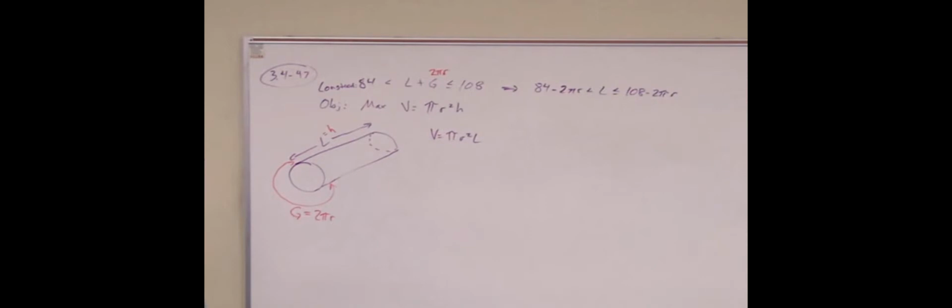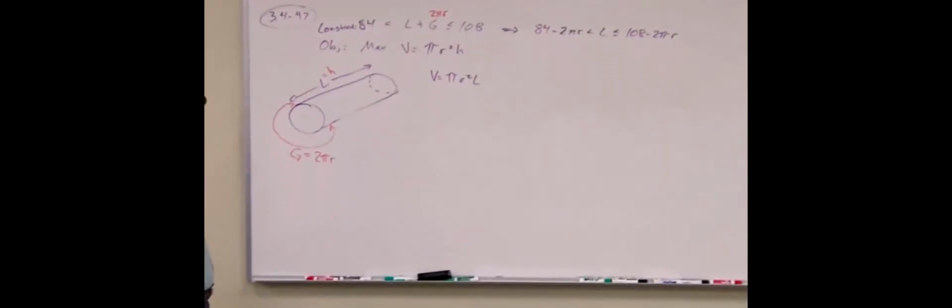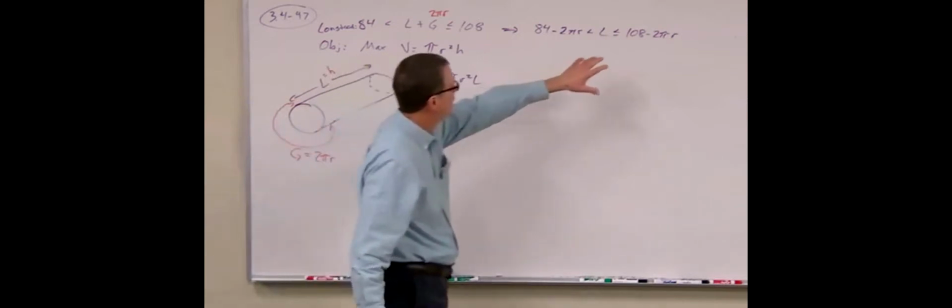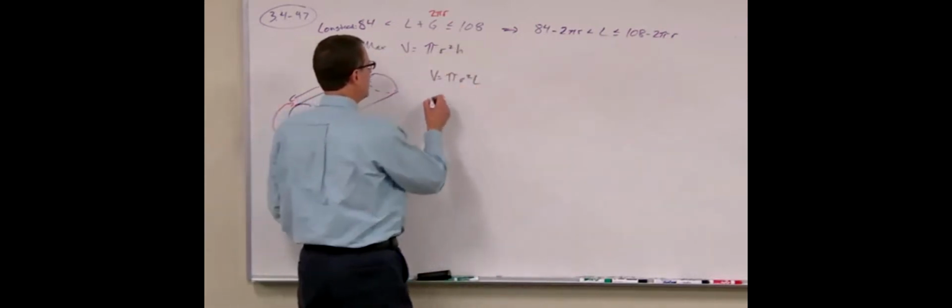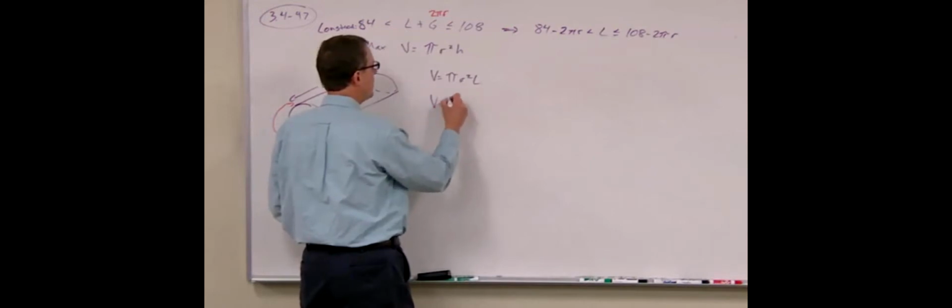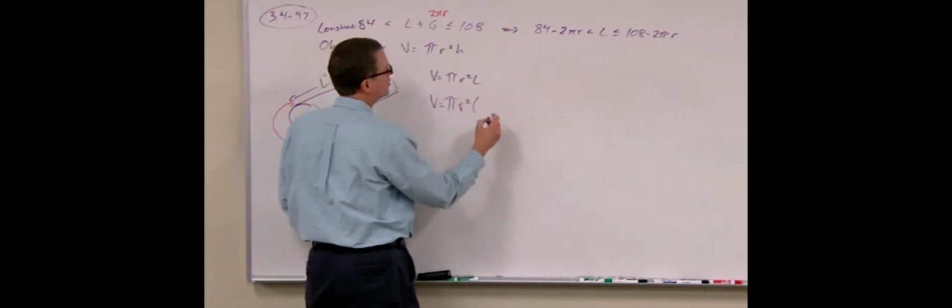If I'm going to maximize the volume, I would guess I need more length and not smaller length. So I'm going to try the big side over here, this big side of my length. I'm going to plug that in for my length here. So then I get volume equals pi times radius squared times (108 minus 2 pi r).